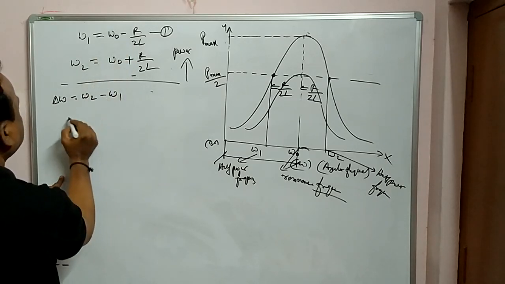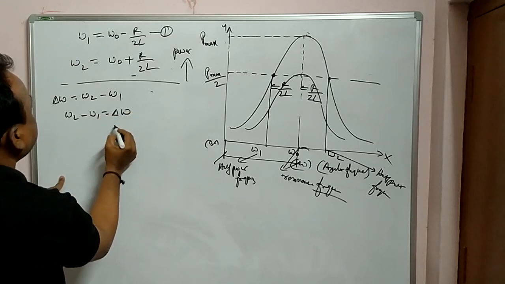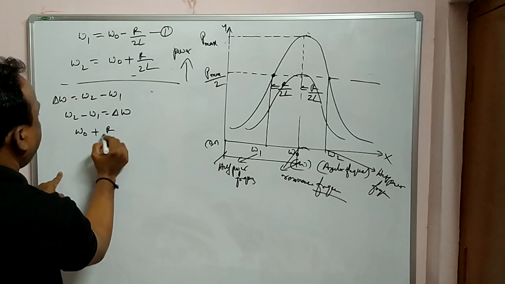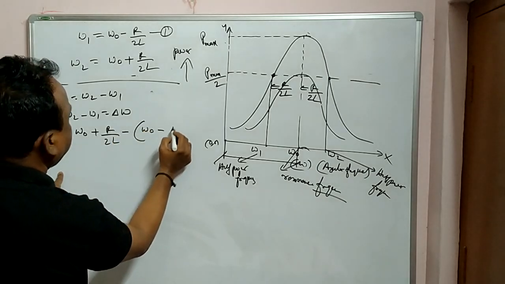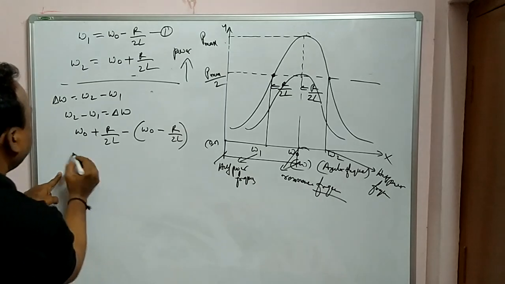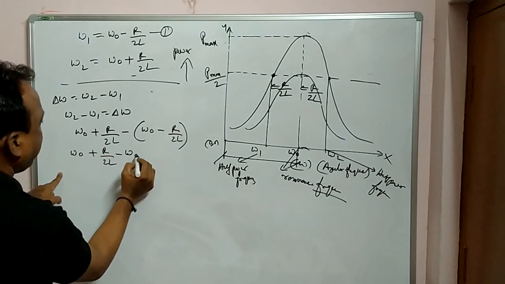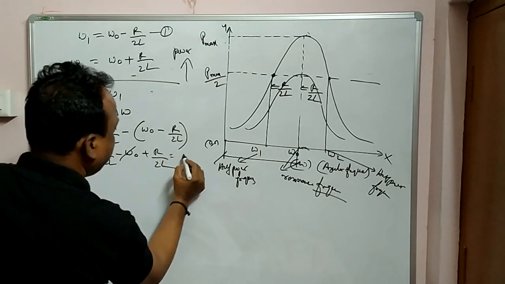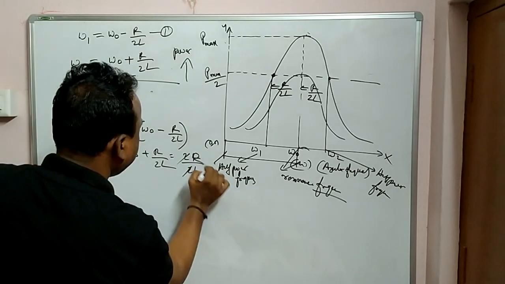So what happens when we subtract? Omega 2 minus omega 1, delta omega, is equal to omega 0 plus R by 2L minus omega 0 minus R by 2L. The omega 0 terms cancel, leaving 2R by 2L.